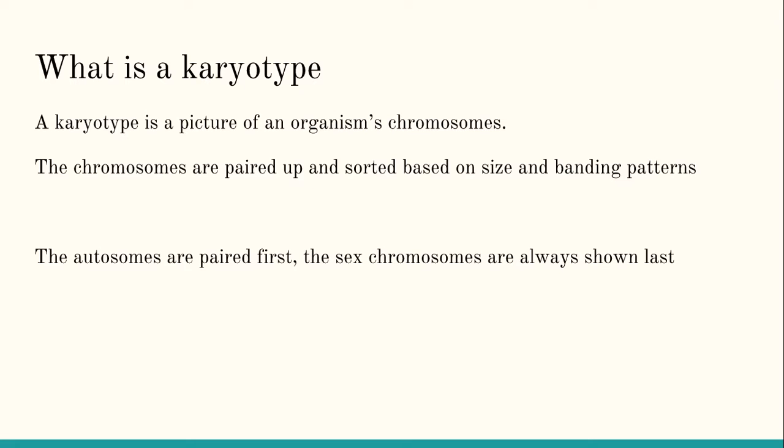The banding patterns that you'll see on the examples coming up show the location of genes. On the homologous chromosomes, remember, you're going to have the same gene locations, but you might have different versions of that gene. In a karyotype, the autosomes are always paired up first, and the sex chromosomes will always be shown last. They'll be in the bottom right-hand corner.